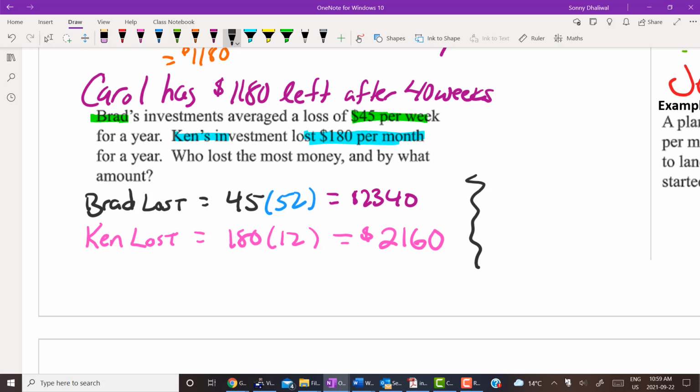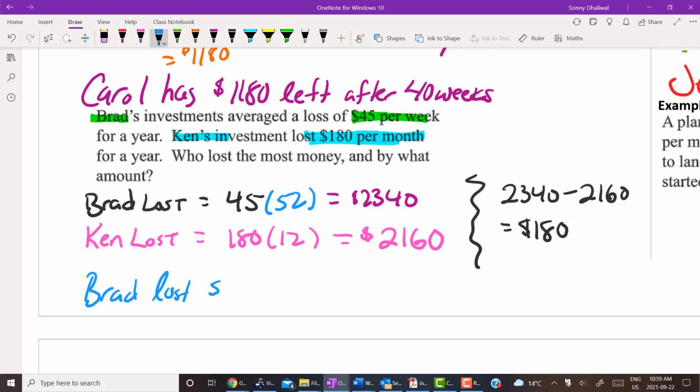So you subtract, so you go 2340 minus 2160, and Corbin said the difference is 180, and those numbers look about right. Right? So now we just give a statement. Brad lost 180 more dollars.